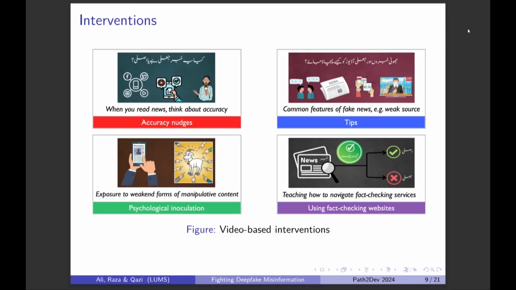Okay, so what are the interventions that we're going to test out? We try 4 different interventions. The first one is the simplest one, where we just give an accuracy nudge. And all of these interventions are delivered via videos. So we get people to watch a short video which contains these different types of interventions. In the accuracy nudge, we just tell people to think about accuracy when they're reading news without really telling them about how to identify or think about fake news, how to discern it from true news.